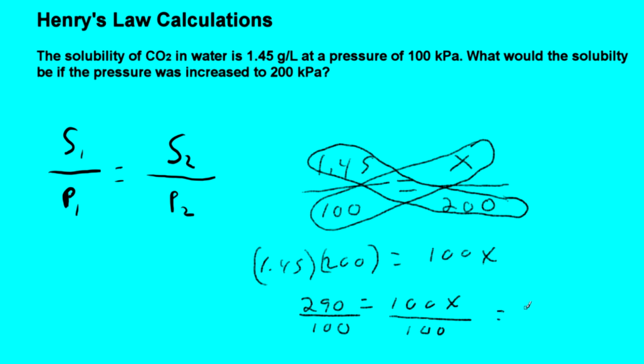So this comes out to 2.9, and the unit here is grams per liter. This is your answer. So this makes sense. These are proportional. If you have a solubility of about 1.5 grams at this pressure at 100, if you double the pressure, you would double the solubility. Makes total sense. So check your answers to make sure it makes sense.